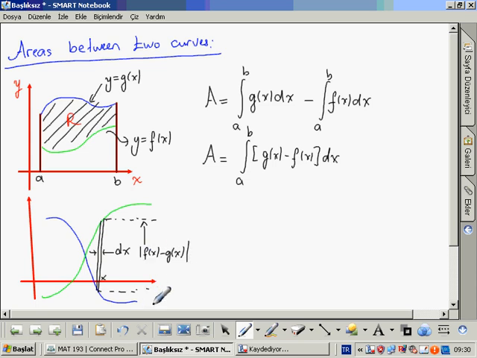This curve was g of x again, and this was f of x. So you can write the area of the region equals the integral from a to b of the absolute value of f of x minus g of x dx.